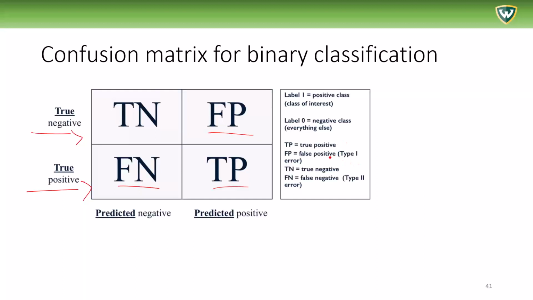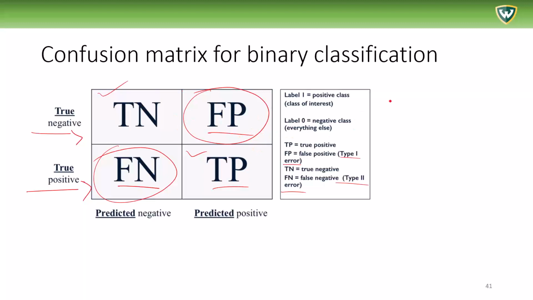Note that in statistics, identifying a false positive is also called a type 1 error, and a false negative is the type 2 error. So these are the two errors, and these are the two correct predictions, but we're making a distinction between whether it's predicting correctly when it's positive and when it's negative.